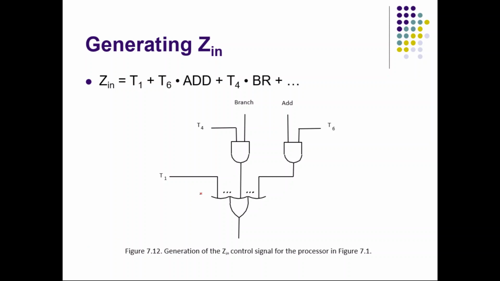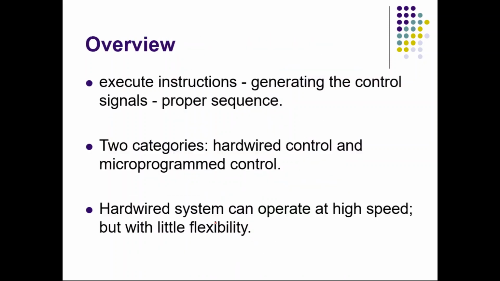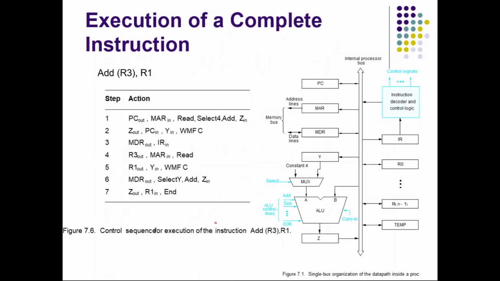So here is a diagram. What it shows is the input to Z in. The output of this circuit goes as an input to Z in, that is the Z register. Previously we discussed the single bus architecture, if you recall. In single bus architecture there is Z. The input to Z is of course the output from the ALU, but in the ALU there are different units, different blocks.